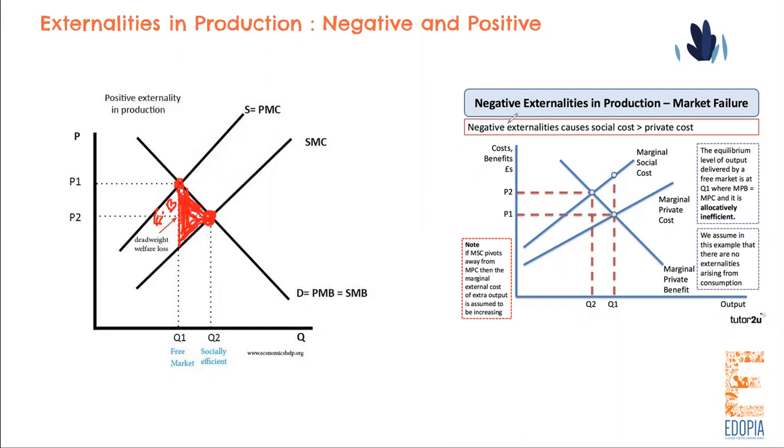Now, if we move towards the negative externality in production, we see that the demerit good is overproduced. A good that can bring harm to the third party is being overproduced. So on the supply side, we see that marginal social cost is more than marginal private cost. So we are definitely producing more than what should have been produced. So we are producing at this point Q1.